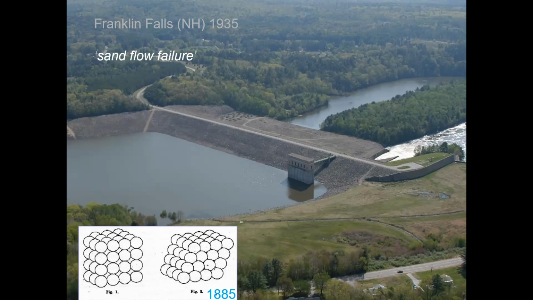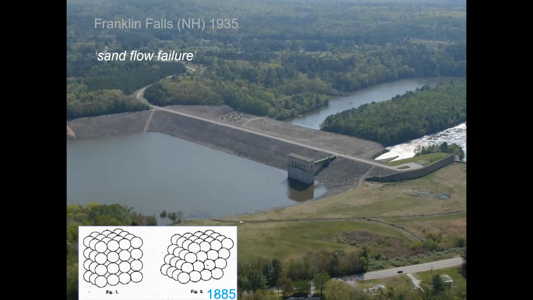And what Lyman did, he looked at this notion, which you see in the bottom left, and this idea was introduced by the chap Reynolds. Reynolds number in hydraulics was the same guy. And he said, well, if you idealize soil as particles, and you can look at sand with your eye or a magnifying glass, you can see that's a reasonable starting point.